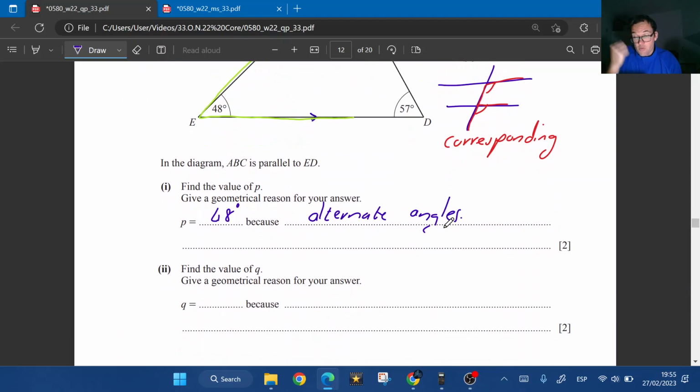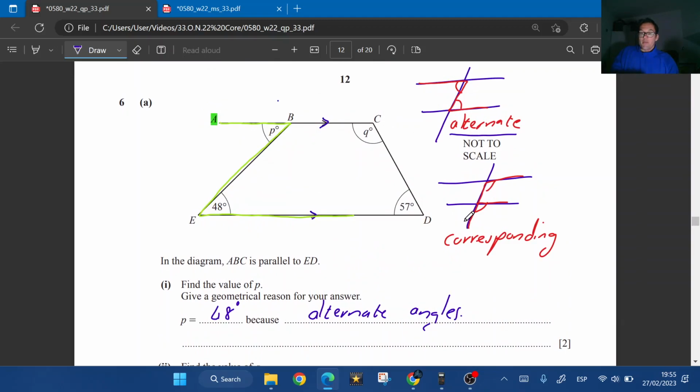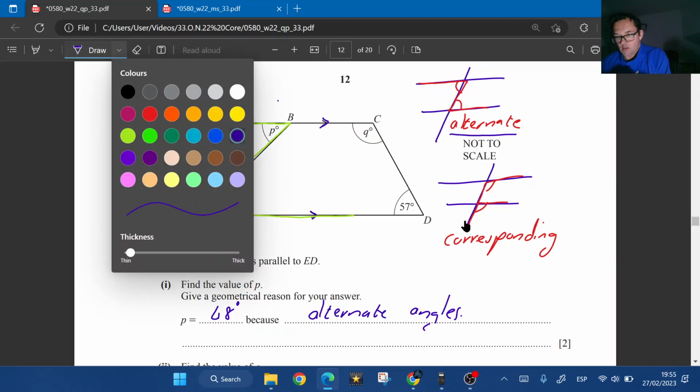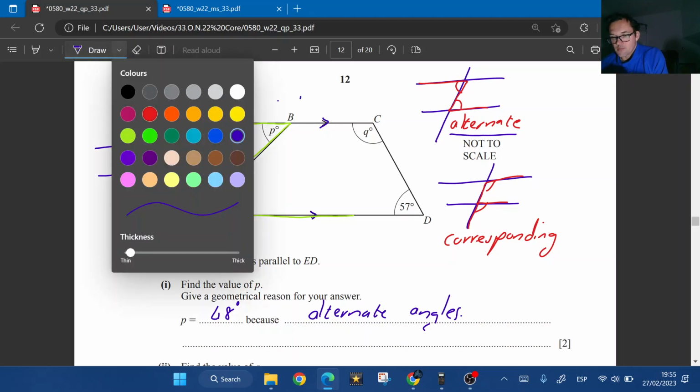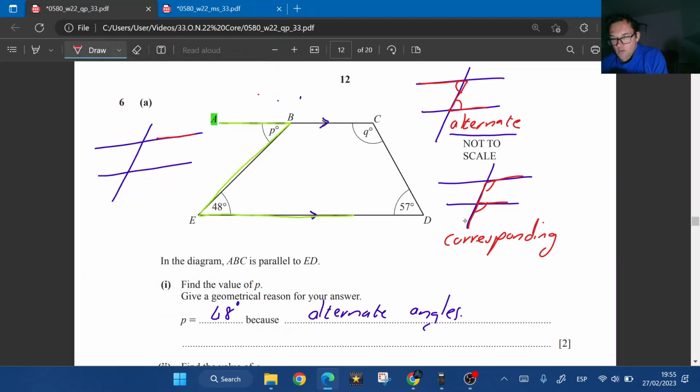There are different ways. Give a geometrical reason for your answer, as I say. There is the other one I haven't told you about. Forgot. If you learned this one, the one we call C angles, they go co-interior.